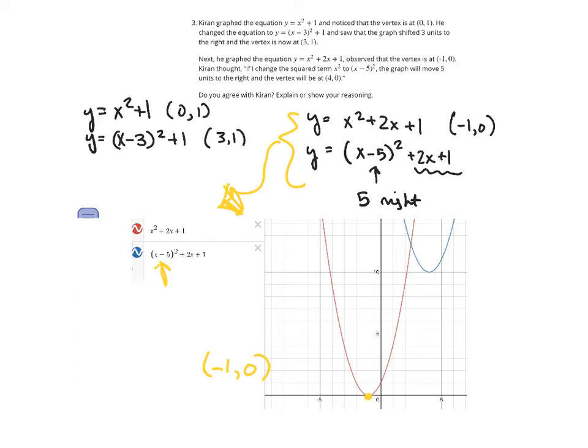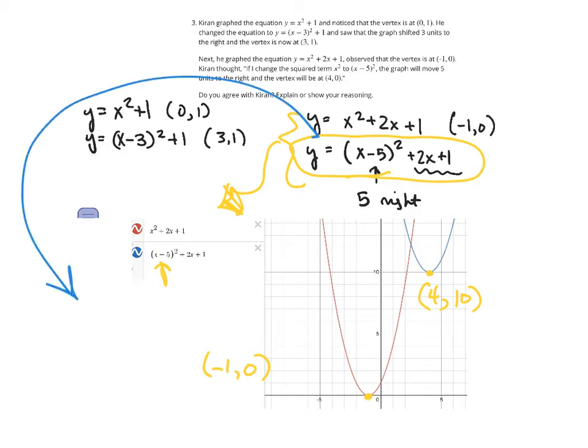And then plugging in a 5 there, my vertex is now (4, 10). Okay? This is not vertex form. What I would need to do to get that into vertex form would be to expand x minus 5 times x minus 5.